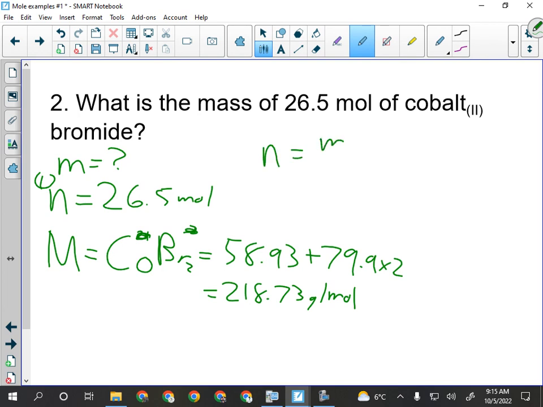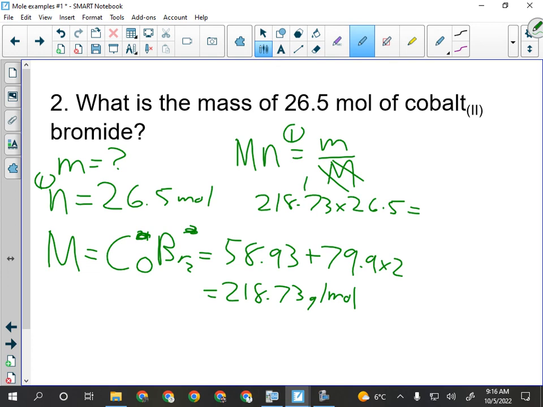Obviously, it's a mole equation question, but this time we have to manipulate for little m. So we're going to multiply both sides by big M here. We would get a mark for that manipulation. And then we would have our 218.73 multiplied by the 26.5 they gave me for n.